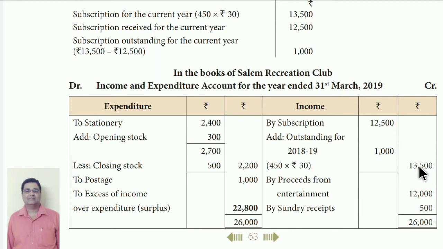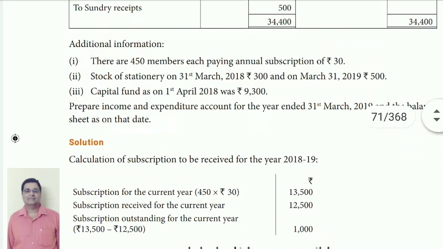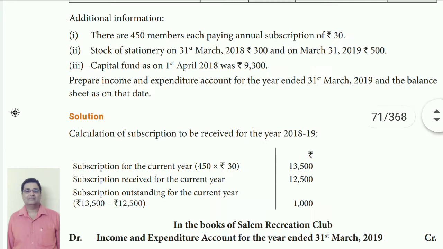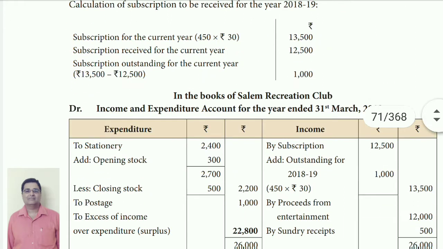Out of 13,500, how much did we receive as subscription? We received the subscription for 18-19 because we are preparing for 31st March 2019. So in 18-19 we received 12,500. This is the adjustment. So this 12,500 we have to write here.